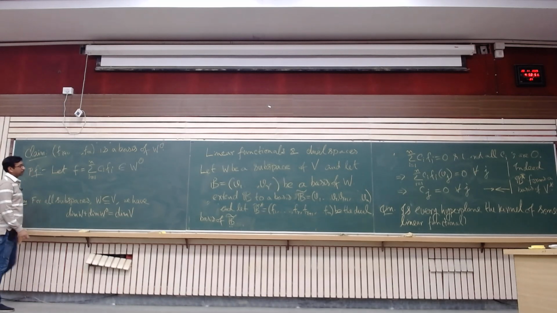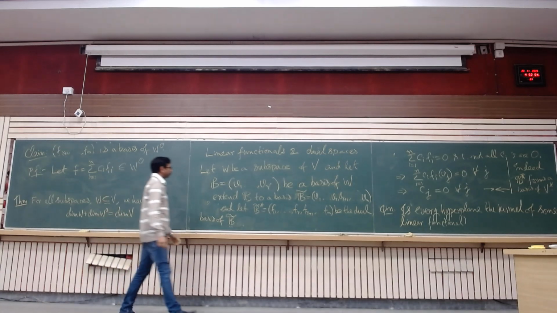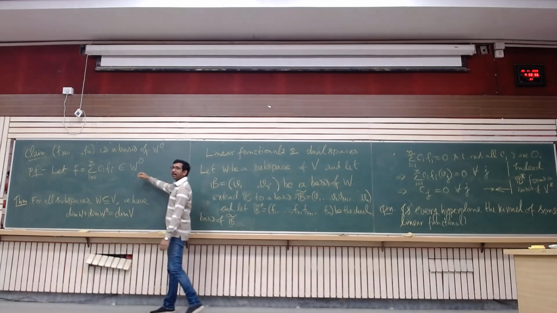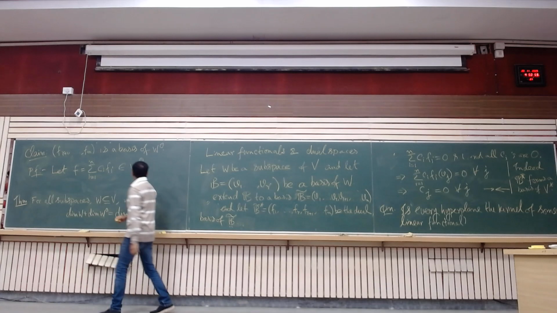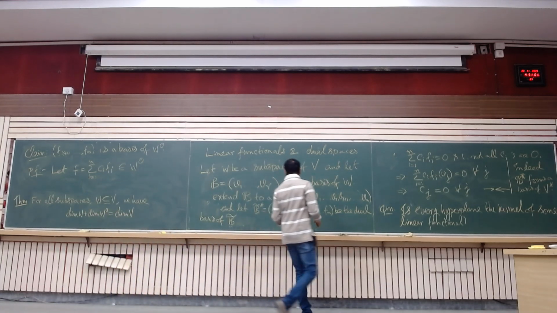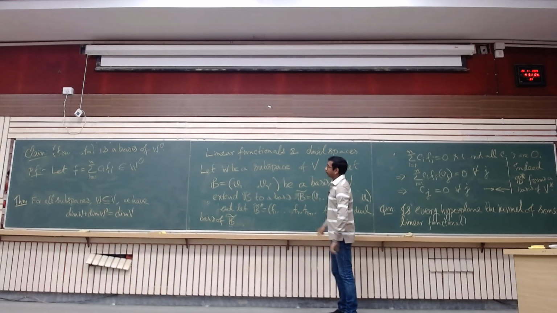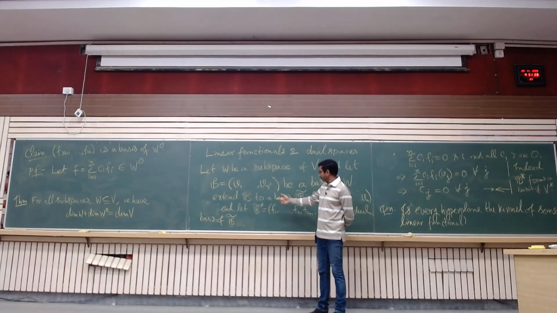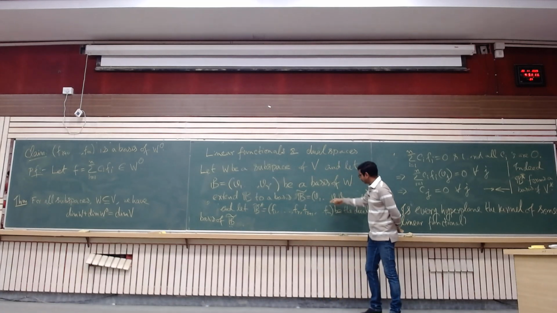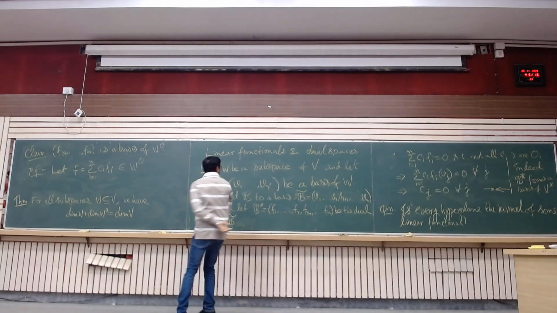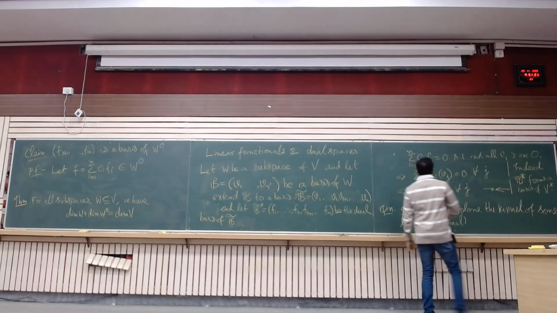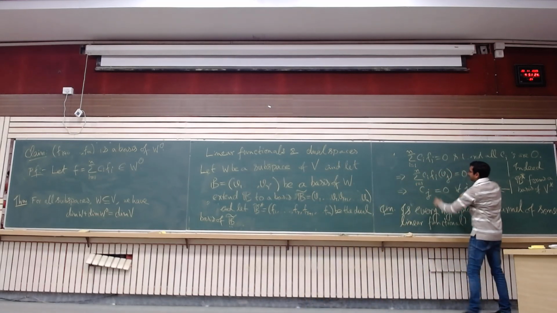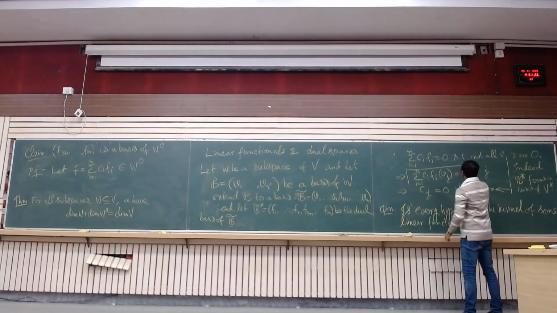Now that implies that if you take an element of W, well, take an element from the basis of W. Okay, so V1 to Vr, say some Vj which is between V1 and Vr. If you evaluate that, what will happen? What will happen is given here. Okay, so just see this equation.